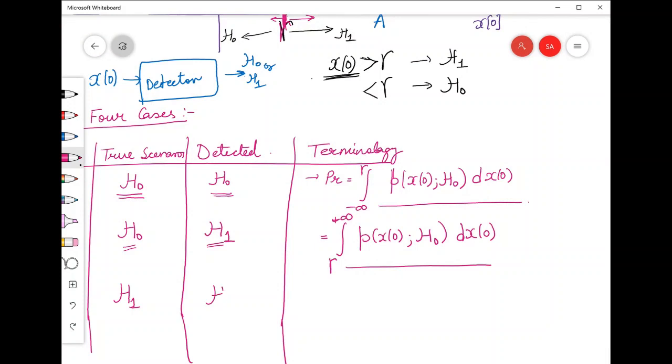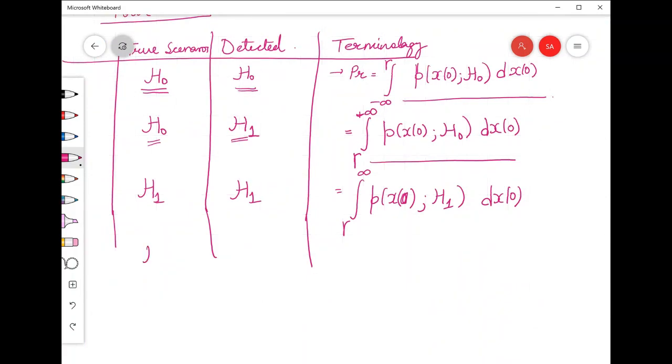So let me write here hypothesis 1, and the probability will be from gamma to infinity, probability of x0 given H1 was correct, dx0.